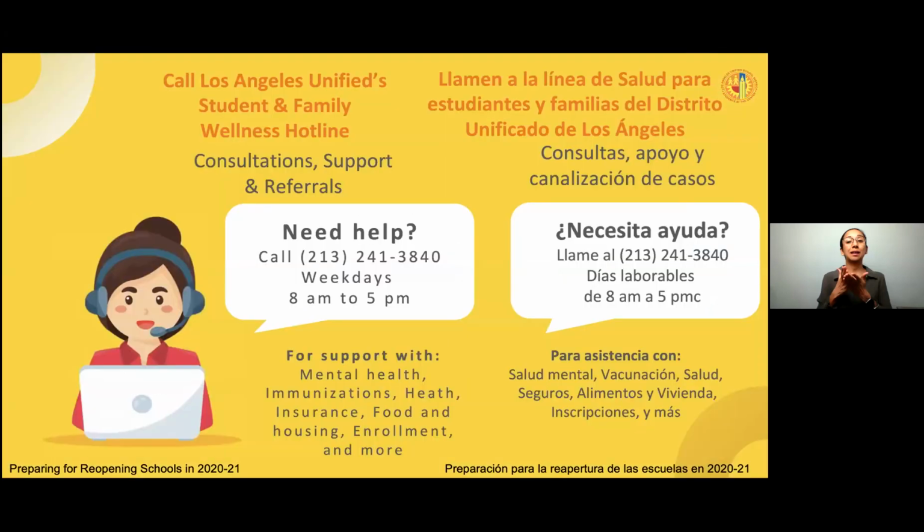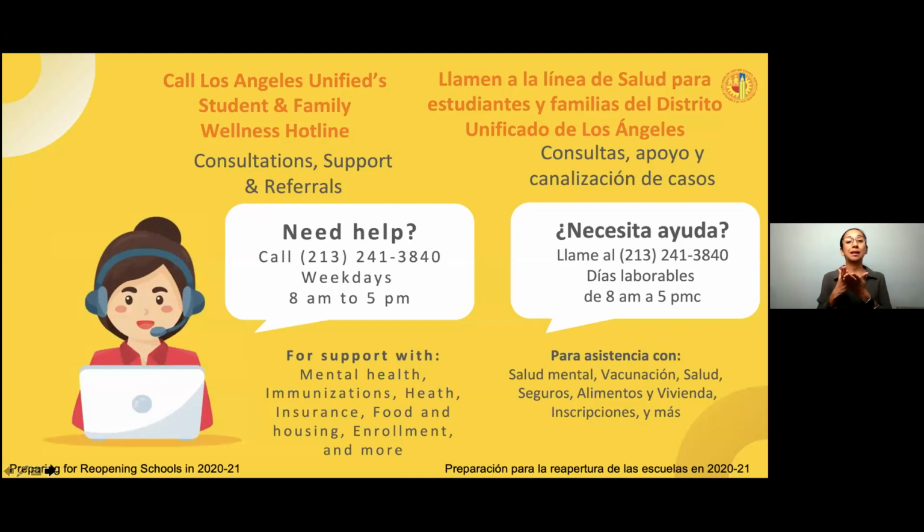What we've done right after we went on a virtual learning model is we launched our hotline. I encourage anybody to call our 213-241-3840. There are 8 options, so you can call for mental health, you can call for basic needs, whether it's food or health insurance or anything that is needed in your home.